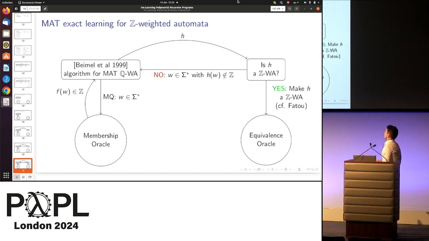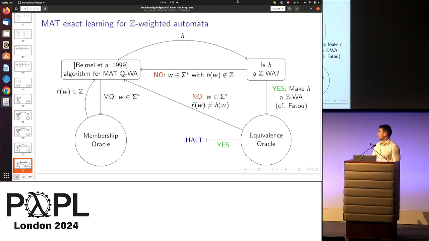And it can be seen as a constructive analog of Fatou's lemma, which basically says that if we have a sequence and the sequence has a recurrence with rational coefficients, but all the terms of the sequence are integers, then there is a recurrence just with integer coefficients. And then the equivalence oracle can either say, okay, yes, you found the target, in which case we halt, otherwise it returns the counterexample.